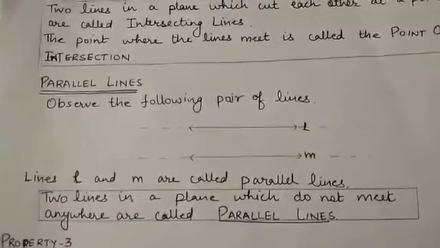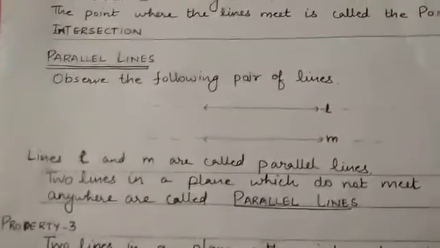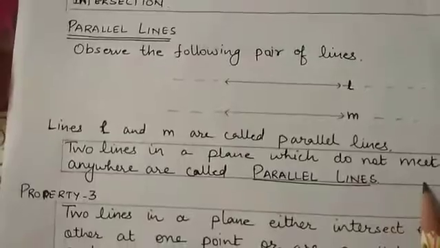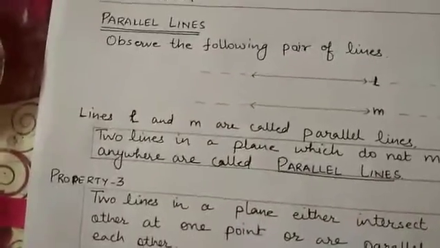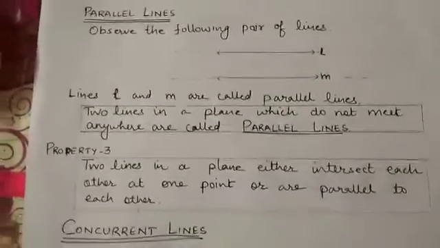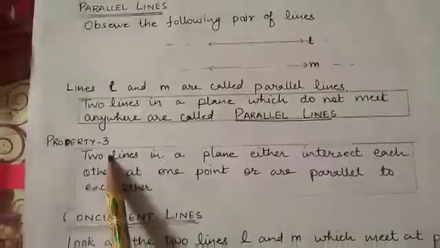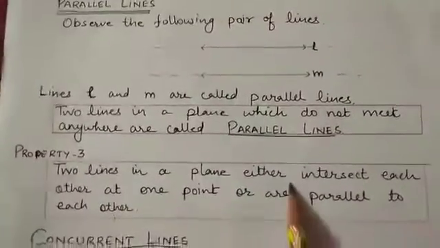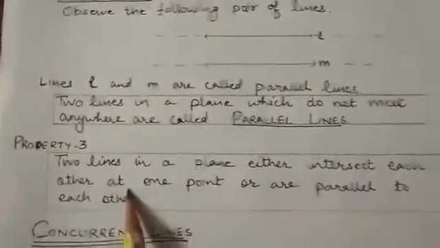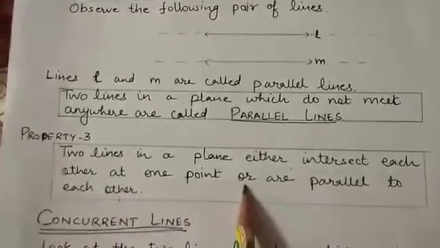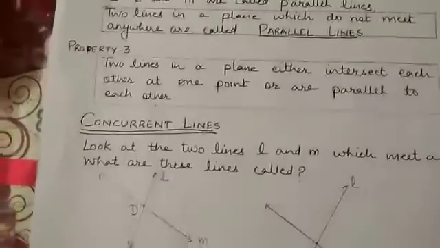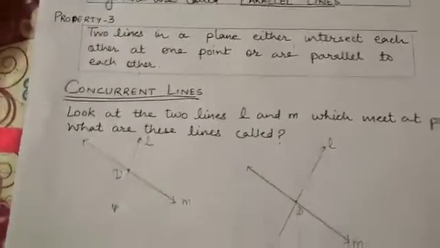So these are called parallel lines. Two lines in a plane which do not meet each other are called parallel lines. Now, next property: two lines in a plane either intersect each other at one point or are parallel to each other.